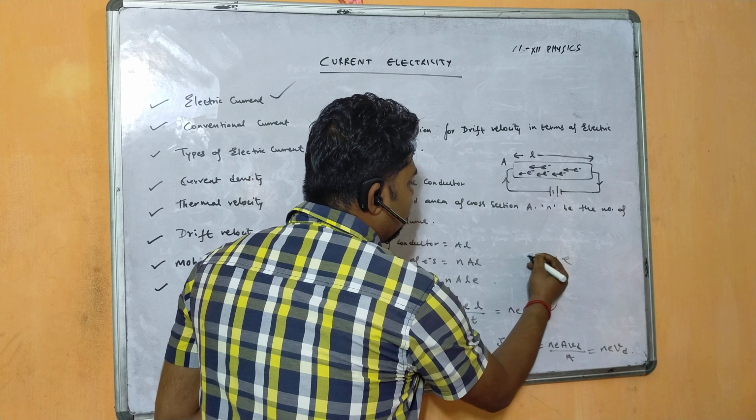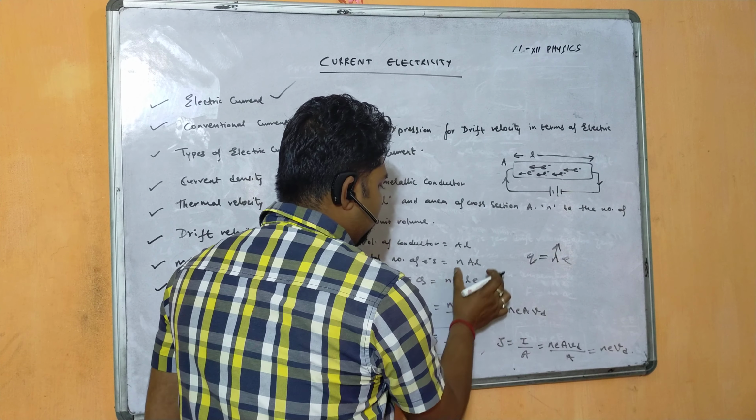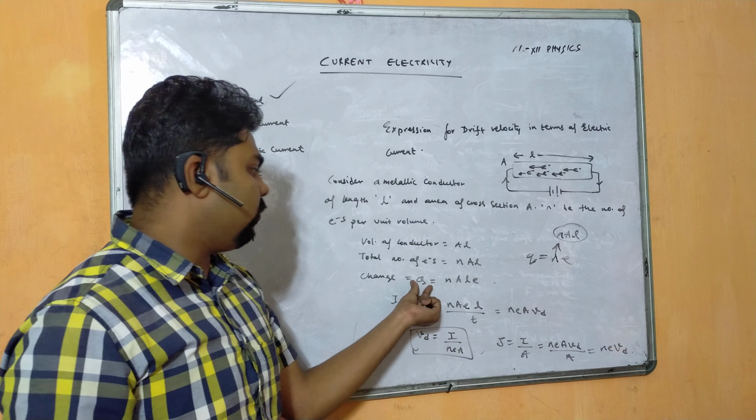We know this from the first chapter. So these total electrons, nAL, multiplied by e will give the total charge.